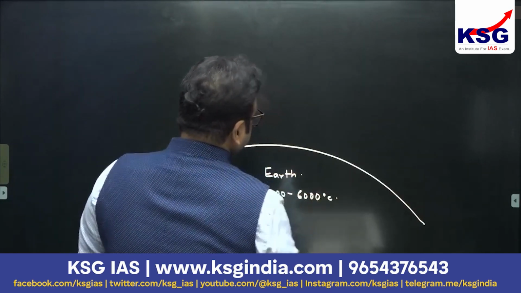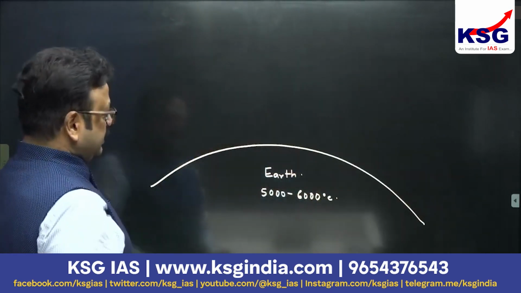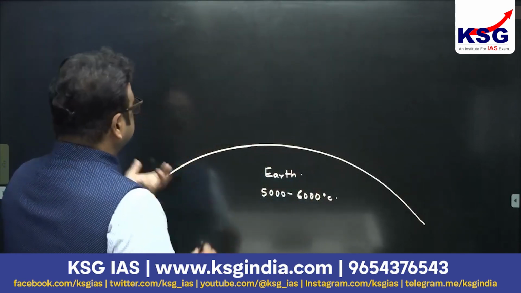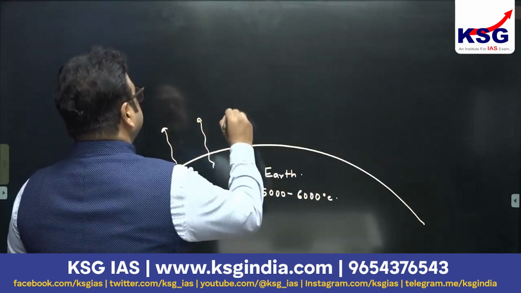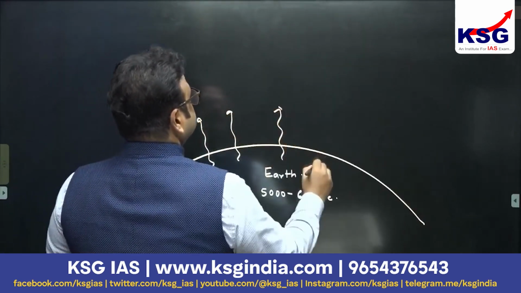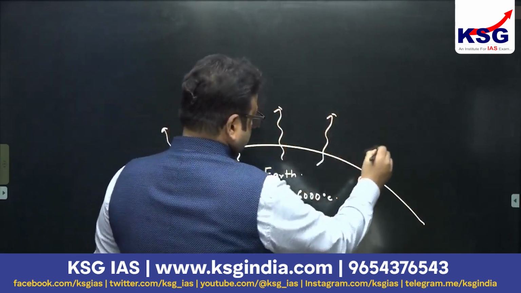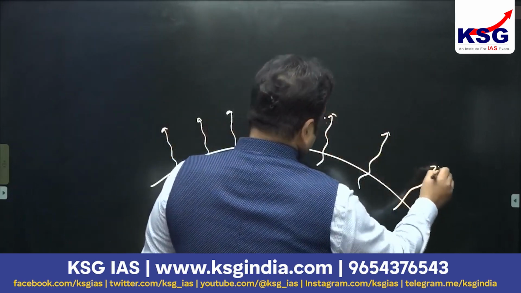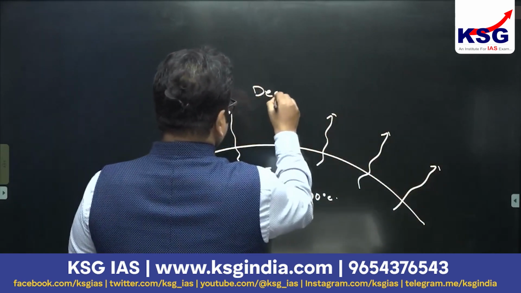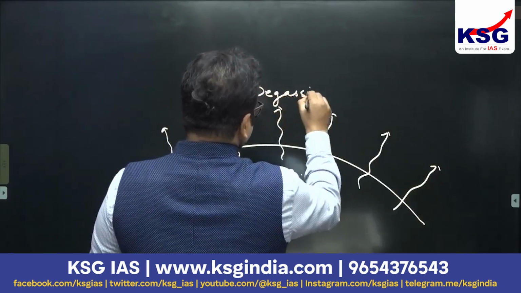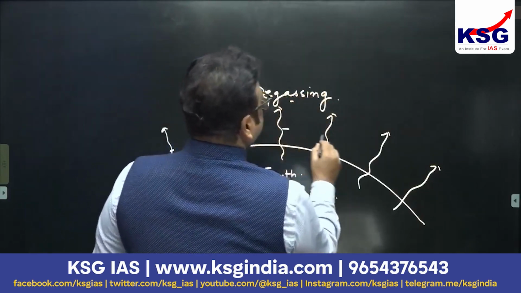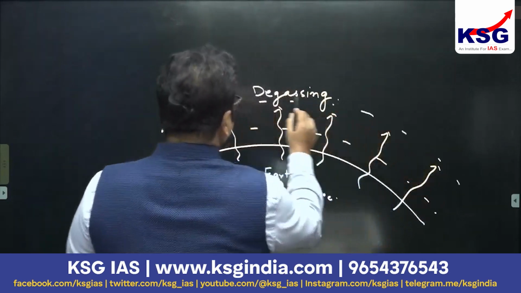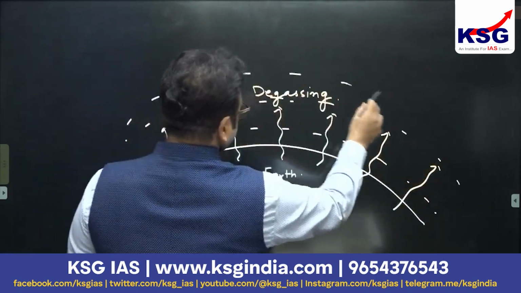When layering happened and degassing was taking place, this represents the degassing phase, and due to degassing the primitive atmosphere was formed.